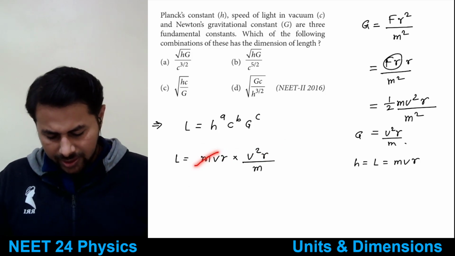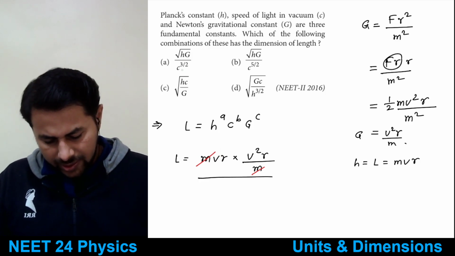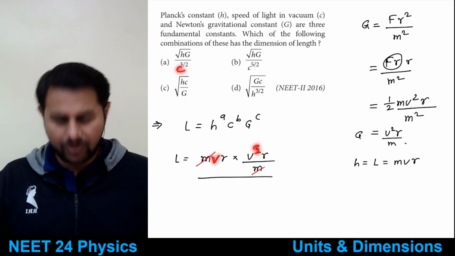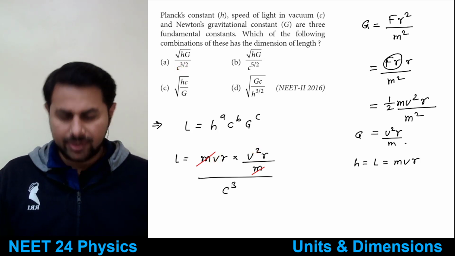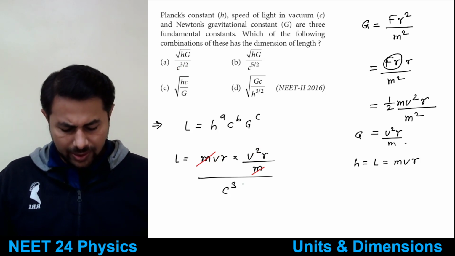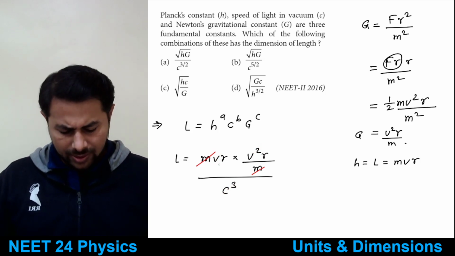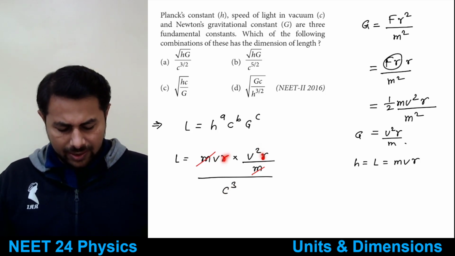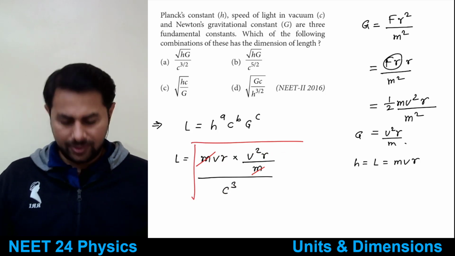So here this m gets cancelled out, and you have c, okay. So here I have v cube, which I don't want, that's why I will divide by c cube, okay. So this v cube and c cube, dimensionally it will get cancelled out, and then I have r to the power 2, okay, and whose square root I will take, right?